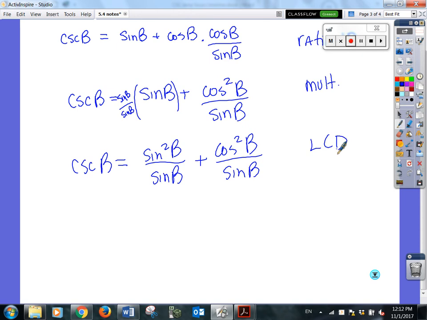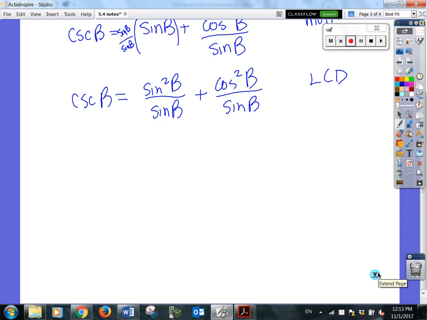If you show that I multiplied by sine B over sine B, then multiply is okay. If you don't show it and you just do it, then you need to say LCD. But if you show what you did to get an LCD, then multiply is fine. But if you don't show it, you can't say multiply because there was nothing there to do. Then you have to say LCD because that's what you got.